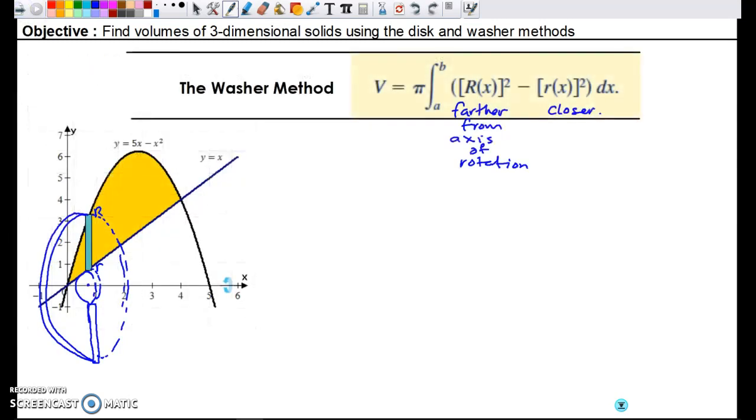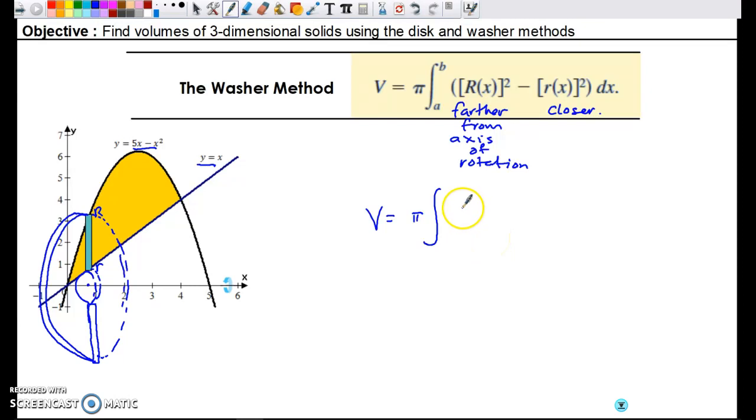Actually, I could just do that problem quick just to show you the setup. In this case, the farther curve from the axis of rotation is 5x minus x squared. The closer one is y equals x. So in this volume problem, the integration has to be between the points of intersection. Since I'm integrating with vertical rectangles, my width is delta x and my variable is x.